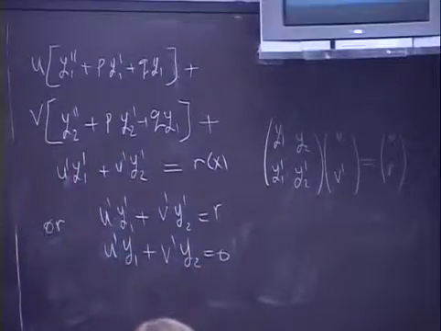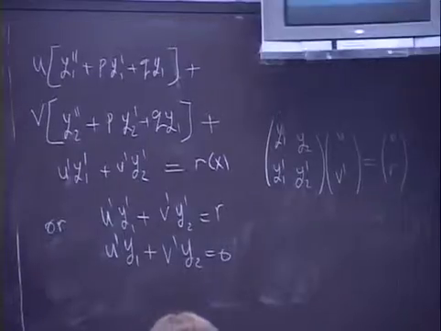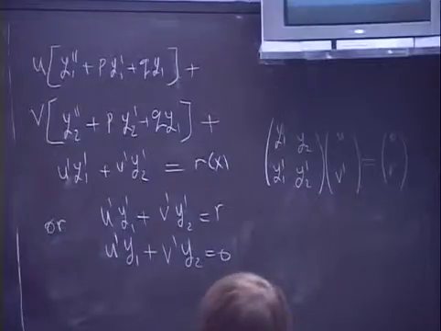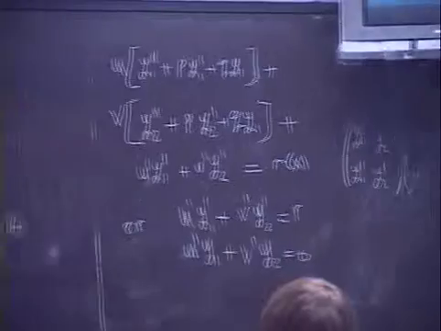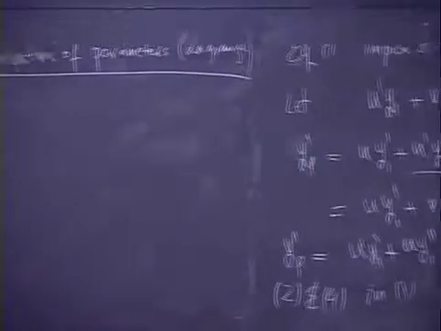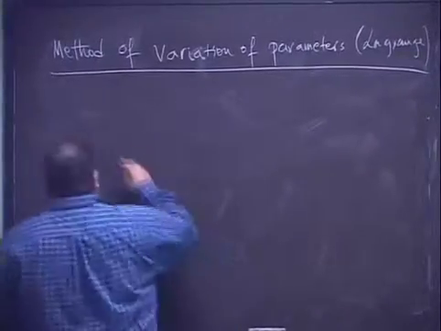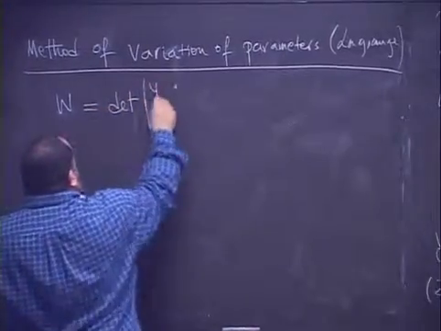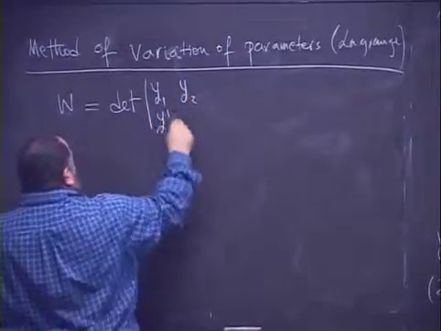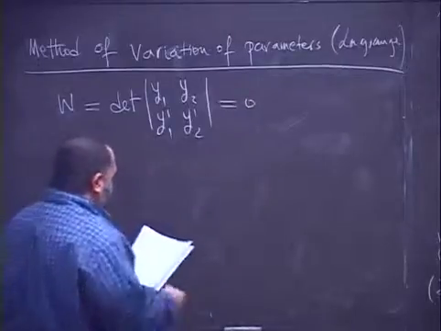There are no primes in the first row. In order to have a meaningful solution for u and v, the determinant should be not equal to 0, so that you will have a non-trivial solution for u and v. If it is 0, this means that v and u are zeros. So your determinant should not be equal to 0. So this is the Wronskian, which is the determinant of y1, y2, y1 prime, y2 prime, and it should not be equal to 0.